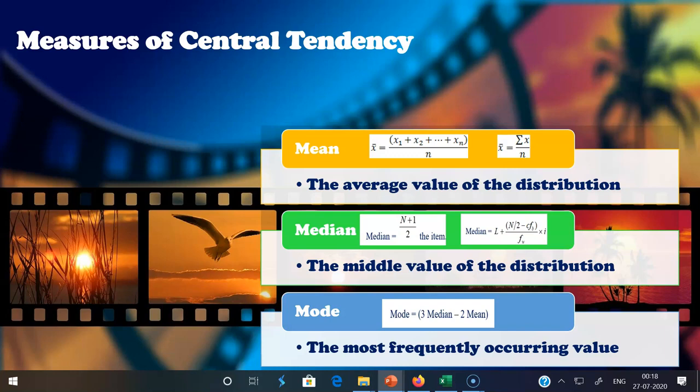So, if you have n values in a data set and they have the values x1, x2, and so on up to xn, the sample mean, usually denoted by x bar, is x1 plus x2 plus x3 up to xn divided by n. This is the formula for the mean.